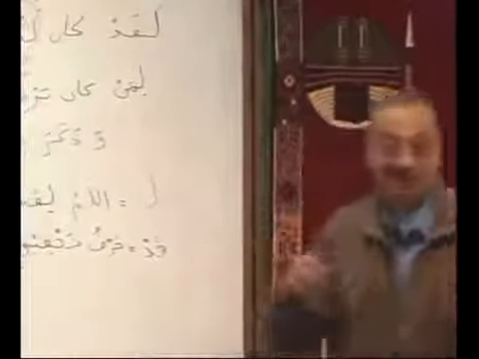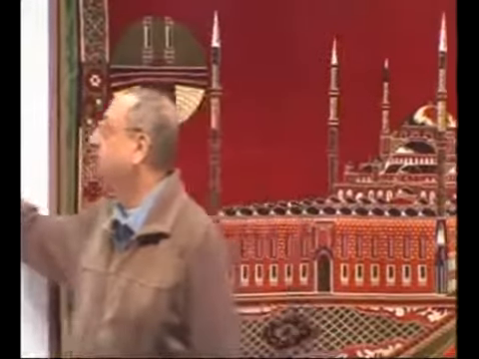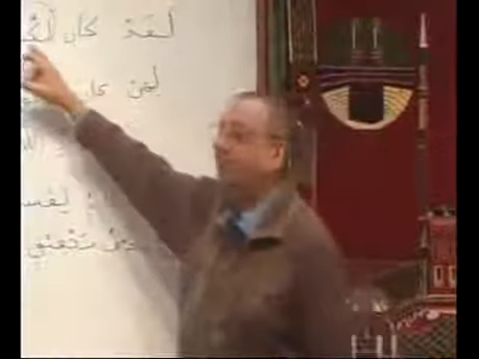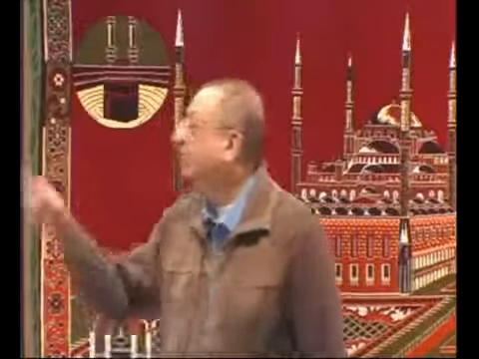Now this is going a little bit too much in detail. Liman, I know, jar majrur. But then the scholars say that this is the badal for this. Okay? I'm not writing in too much detail, I'm only telling you, because as you become stronger and stronger, you will understand all these things. Liman, the one who. Who is that one who? Lakum. It is coming from there.